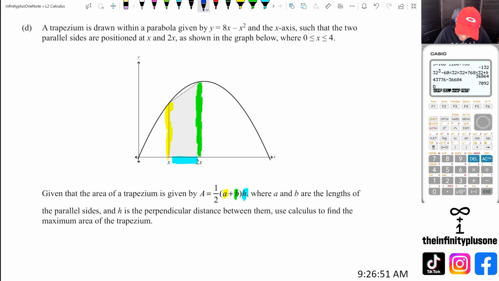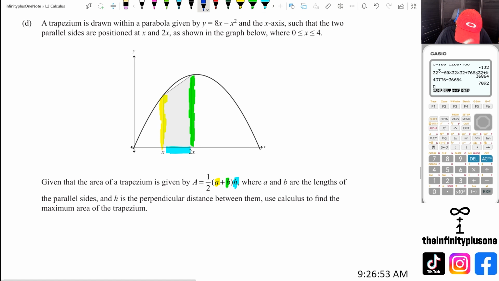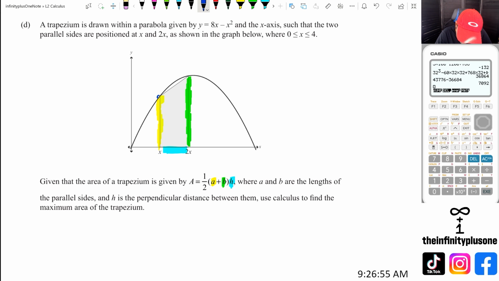So with that in mind, we are going to write down what the A value is. Now remember that 8x minus x squared is the parabola's equation, right? So if we take this particular point, let me just do this blue point here, this is going to be x and y. Remember that y is equal to 8x minus x squared.